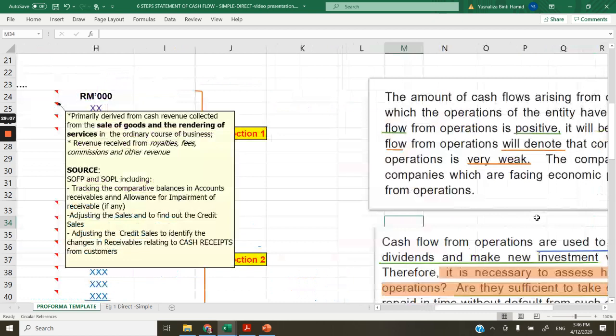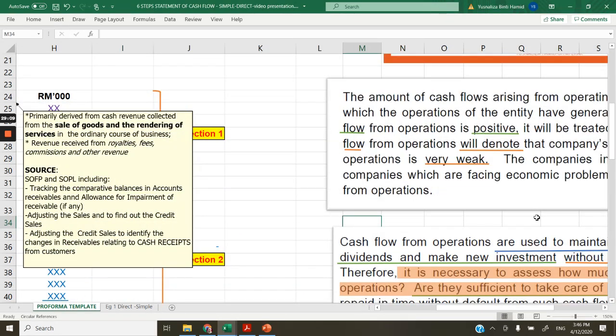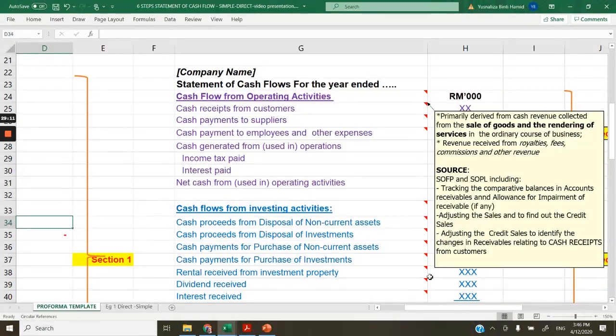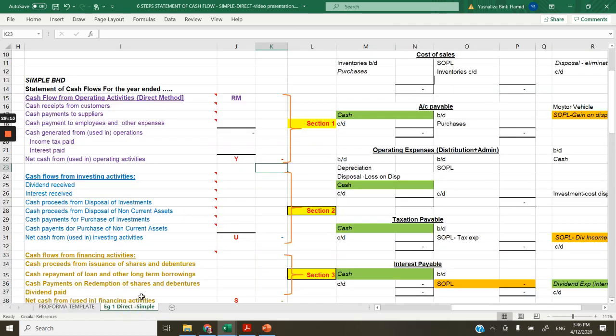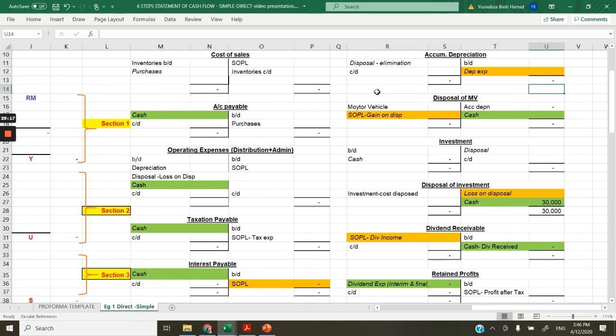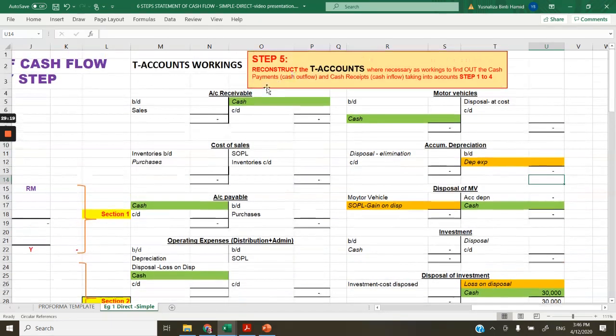So I show a sample of the reconstruction of accounts. I'll just show you some example of it. You may have to do something like this, like what you can see here in my step 5 that I will be discussing when we discuss the preparation of cash flow using the direct method. You may have to reconstruct this again. We'll be doing that in our next video.